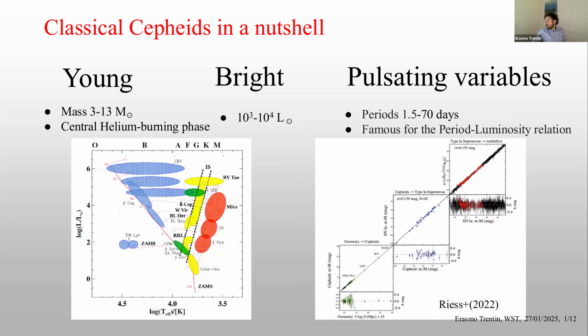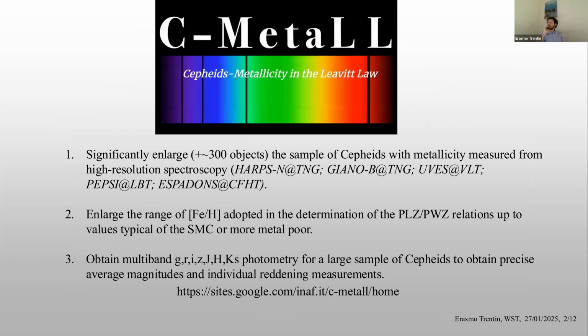From this topic, you can understand how important it is to calibrate with extreme precision the period luminosity relation. And here comes the metallicity role, since from the theory we know that the metallicity has an influence on the calibration of these relations, and that's how the C-MetaLL project was born.